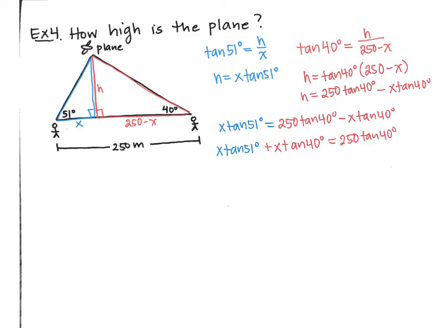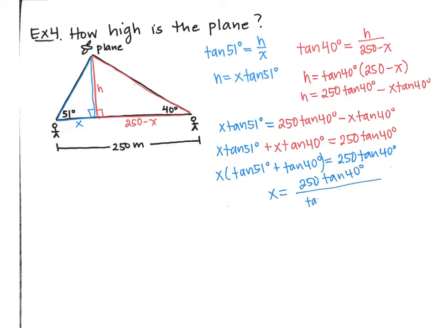I can factor the x out now so I can isolate it. Then I'm going to divide by the expression in the parentheses. So I have an expression for x.